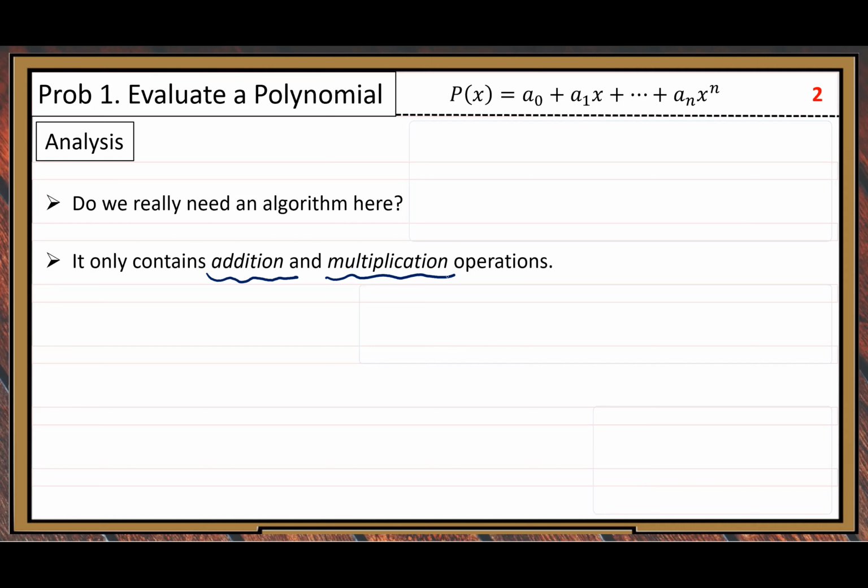Now, there is one way we can get this stable measure. How about counting the number of operations? Counting the number of additions, the number of multiplications. It does not rely on hardware, right? You run on any machine, you need to do the same number of operations.